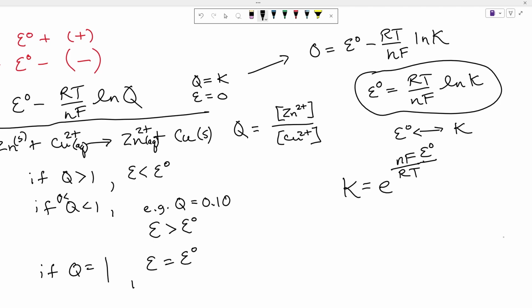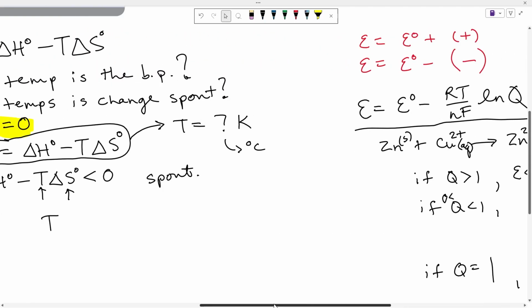So pick any two half reactions in table 18.1, reverse the lower potential half reaction, change the sign of that potential, add those two half reactions together, making sure the number of electrons are equal, and then add the two cell potentials. And if you plug that cell potential in here with N, F, R, and T, you get an equilibrium constant for that electrochemical cell.